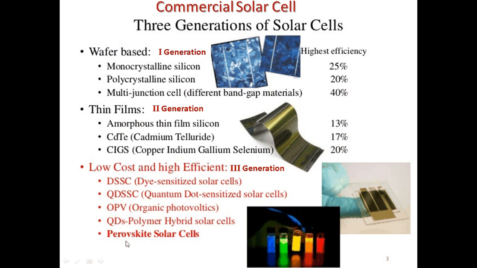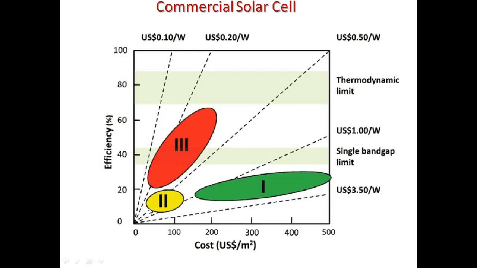Then there are new materials coming up called perovskites, and you have been hearing about perovskite solar cells in our department. People are now working in this field because it can produce high efficiency, and the cost of this material is also not too high because it is made up of normal metal oxides. We'll come to these one by one.